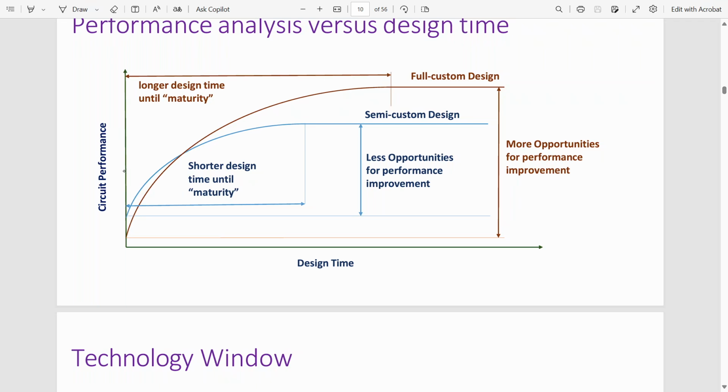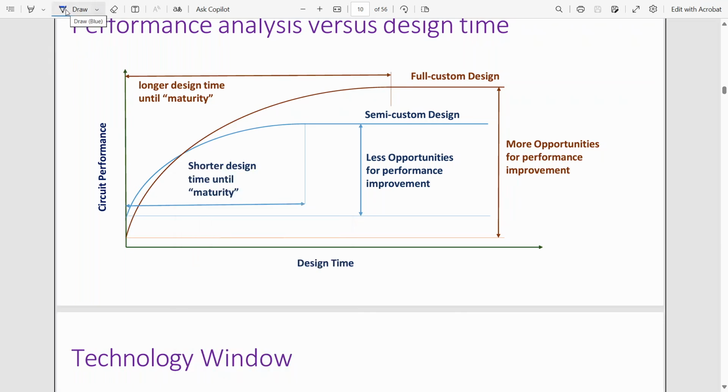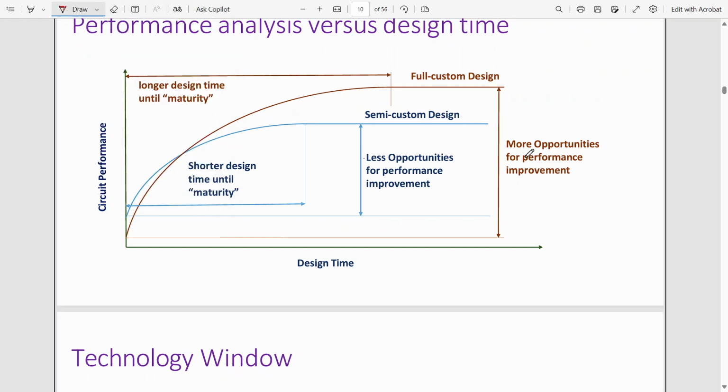Semi-custom design will start from here. One second, I will draw. So semi-custom will start from this state, and full custom will start from the lowest level.